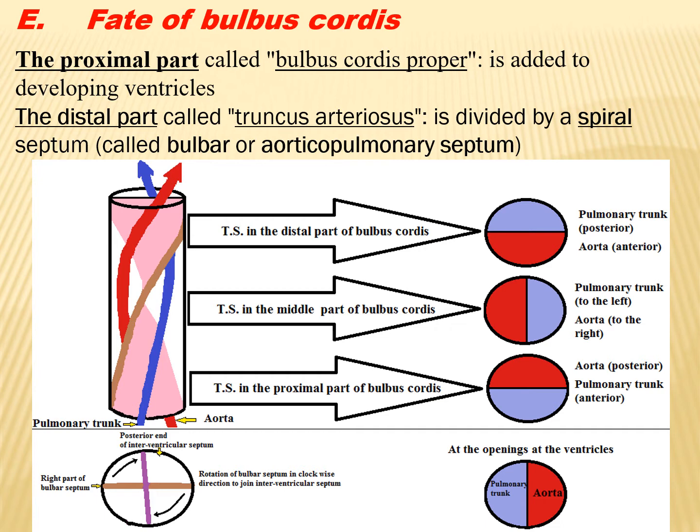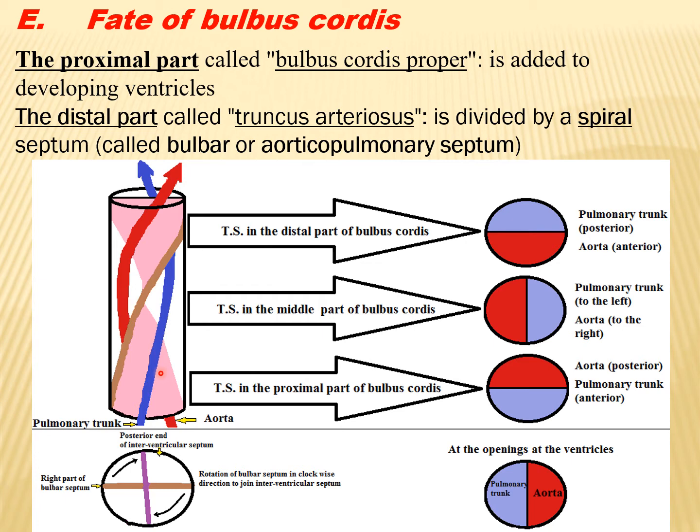While the distal part, which is called truncus arteriosus, is divided, as we see, by a spiral septum. This septum is called the bulbar septum, or aorticopulmonary septum, as the septum divides the distal part of the bulbus cordis into 2 arteries, as we said, aorta and pulmonary trunk.